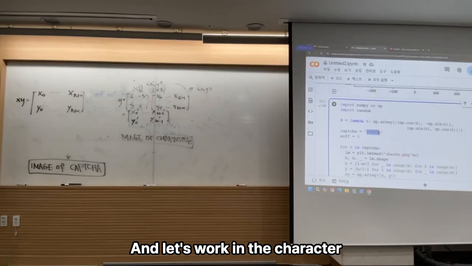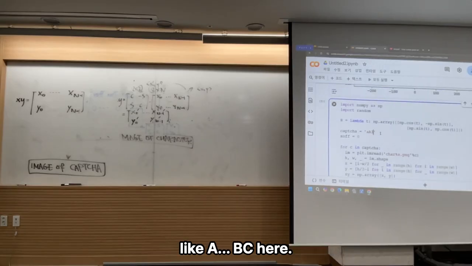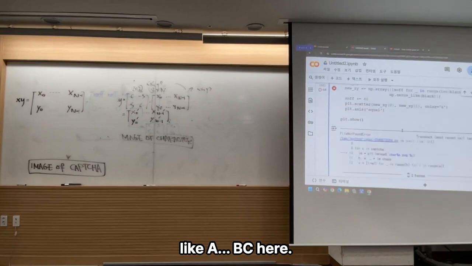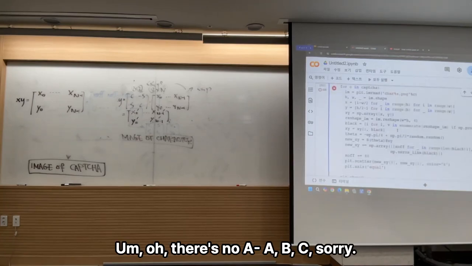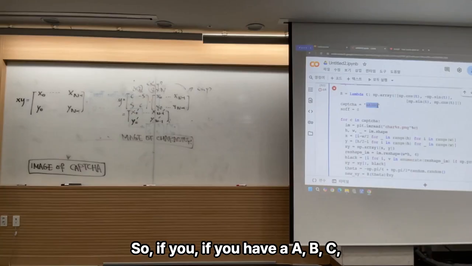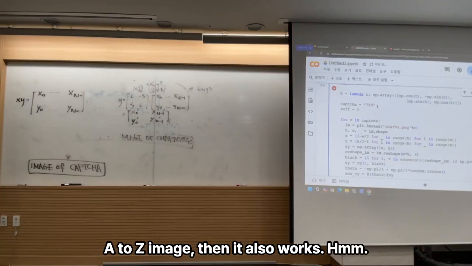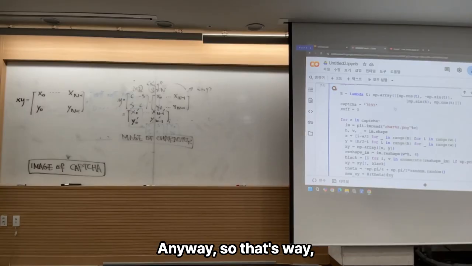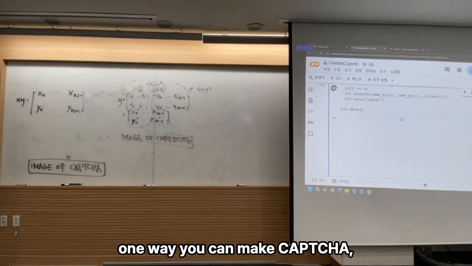And let's work on characters, like A, B, C here. Oh, there's no A, B, C, sorry. So that's why it doesn't work. So sorry for that. If you have an A to Z image, then it also works. Anyway, so that's one way you can make a CAPTCHA.